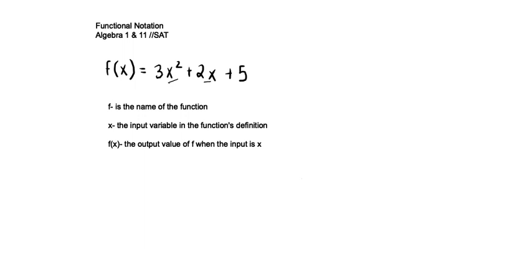Whenever we're solving any type of functional notation question on the SAT or in your classroom, it's usually to find the output value of a function at any given input.